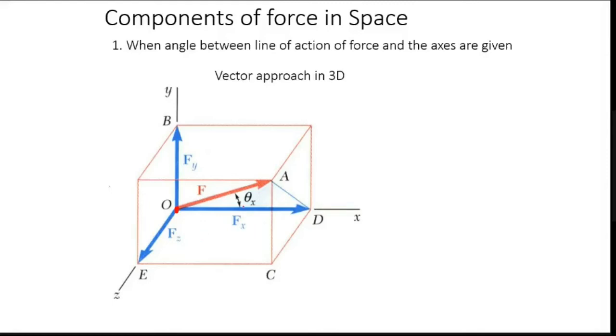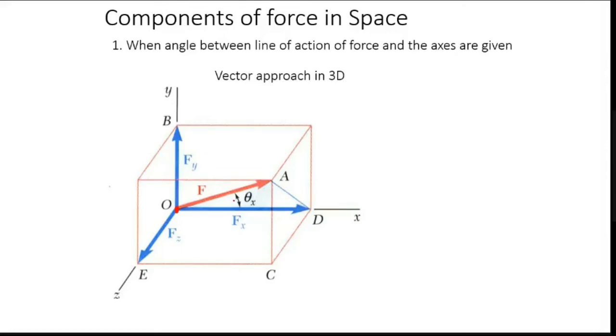If I consider this as angle theta x, to resolve this, usually in 2D we resolve into fx and fy, whereas here I have to resolve in terms of fx, fy, and fz. You may feel some difficulty in finding the angle with respect to that.